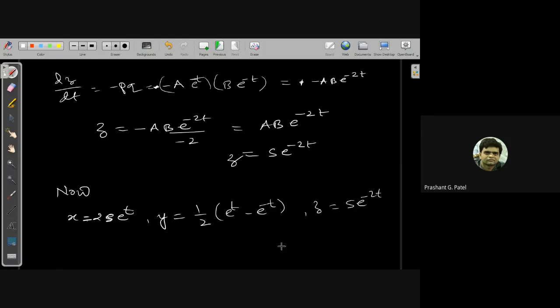Now we need to combine all these three equations and write them down in one surface, and that can be written by finding some values here.